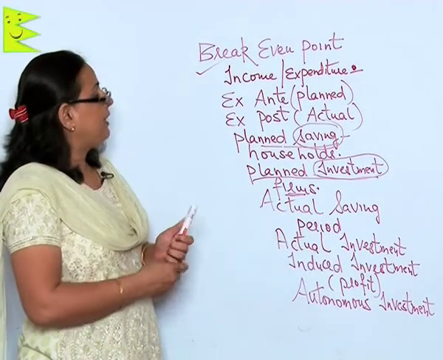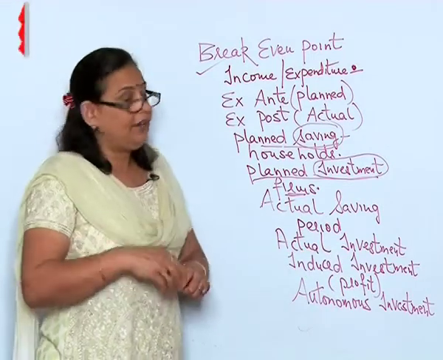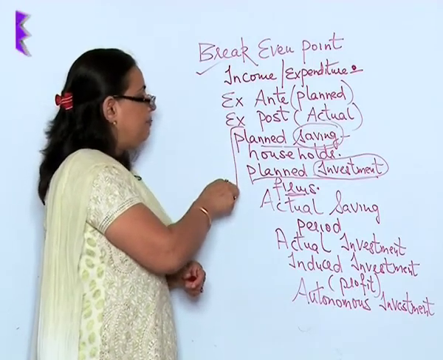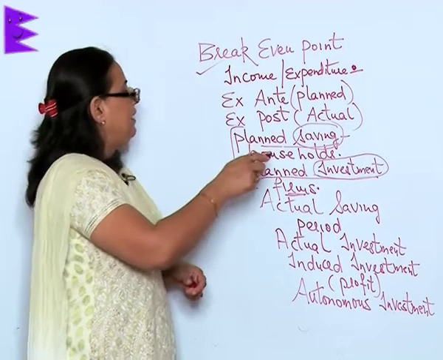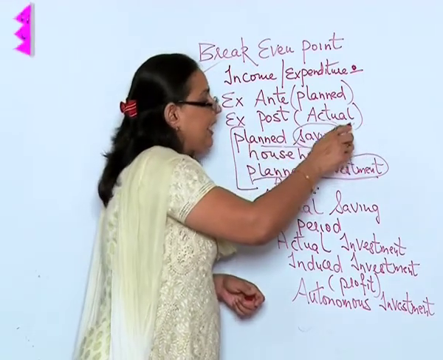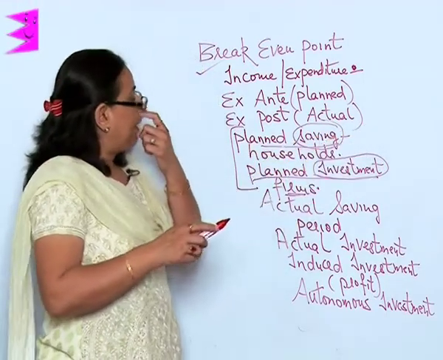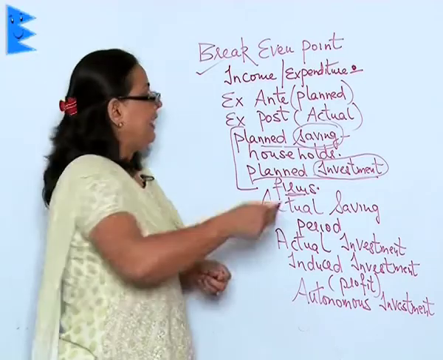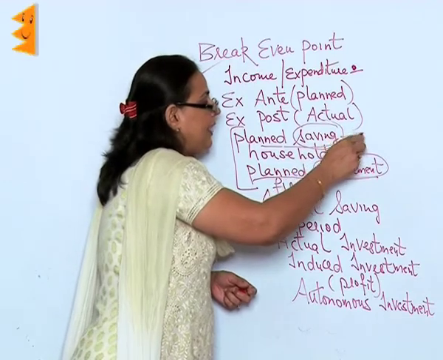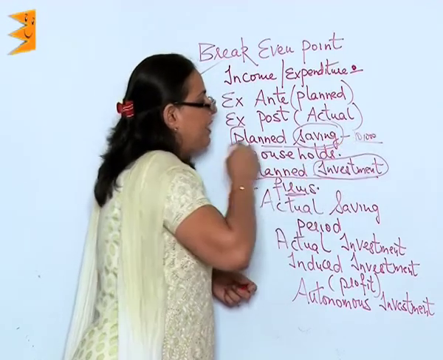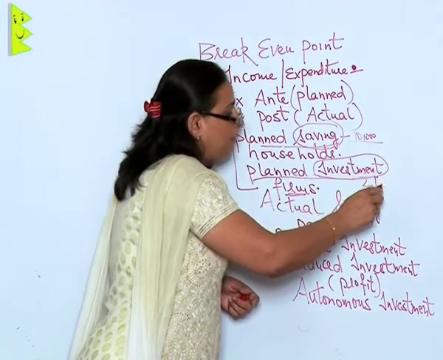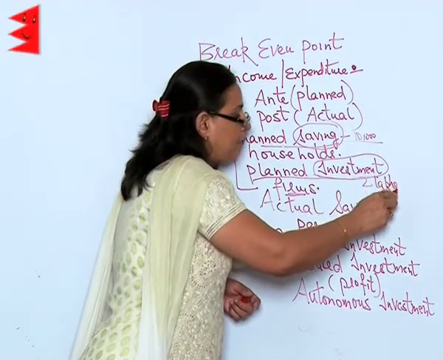If I have to explain this in an easier way, I will say that the planned saving and the planned investment, as I said, are ex ante factors. It was proposed, or it was thought, that they are going to save something, say 10,000 rupees for every household, and there shall be an investment of say 2 lakh rupees by every firm.